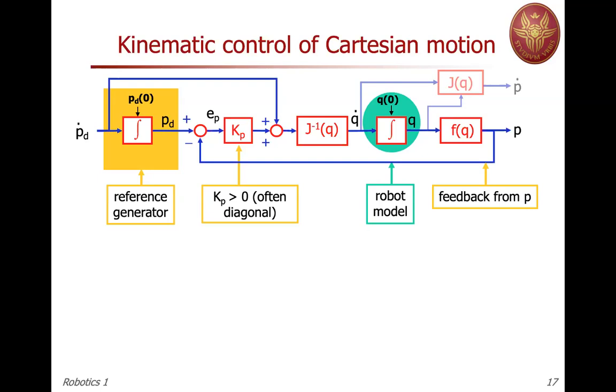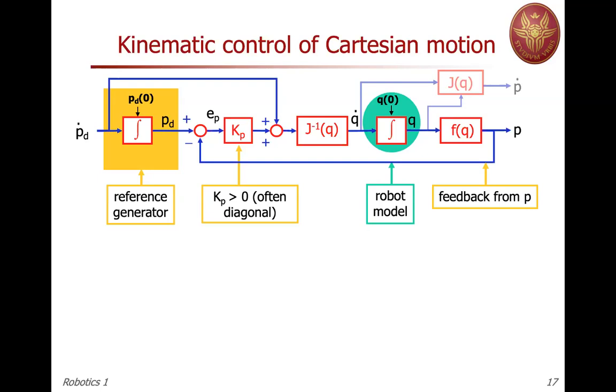So we have just described the whole structure. Again, we don't use the Jacobian as in computing P dot. Both kinematic control schemes that I'm presenting here assume that we are commanding joint velocity.